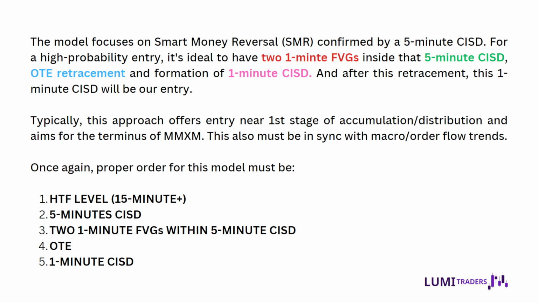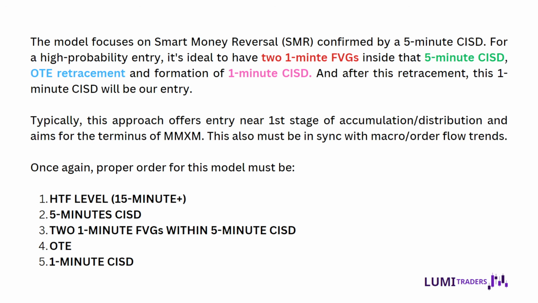So this approach offers entry near first stage of accumulation or distribution and aims for the terminus of market maker model. As I said, Twins model is an important part of market maker model. This also must be in sync with macro and order flow trend.